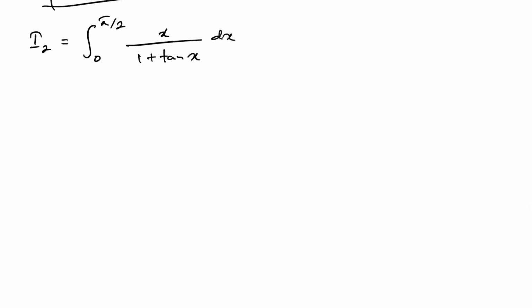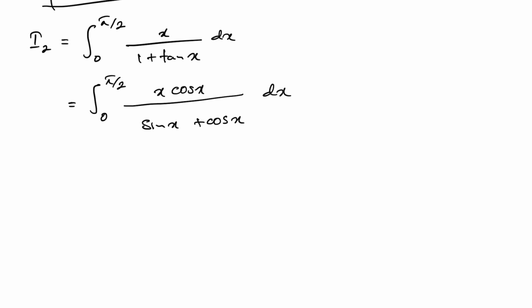Well, first I'm going to convert tan of x into sine and cosine. So tan of x is sine over cosine, so x times cosine of x over sine of x plus cosine of x dx.